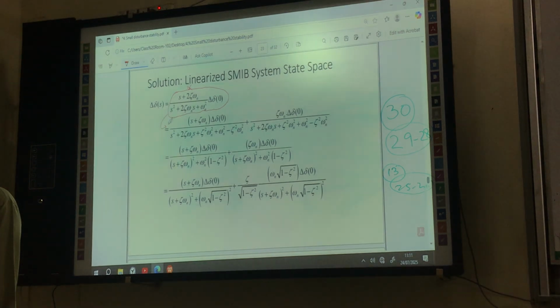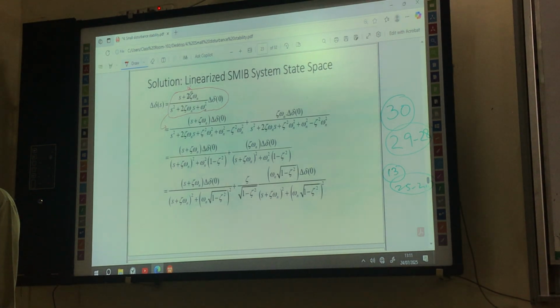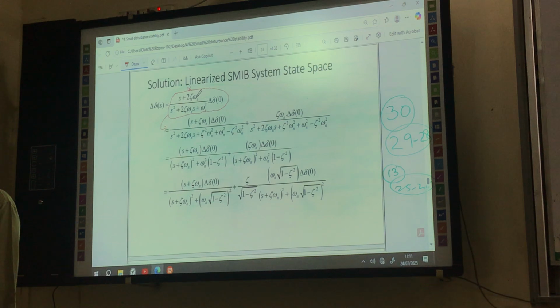From this line to this line, there is S plus 2 zeta omega n, right? So you can split this 2 zeta omega n into zeta omega n plus zeta omega n, right? So one zeta omega n is here, that is S plus zeta omega n, and another zeta omega n is here, obviously with the plus sign, and in the denominator it is S square plus 2 zeta omega n s plus omega n square.